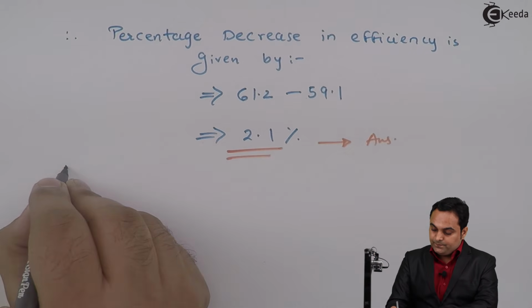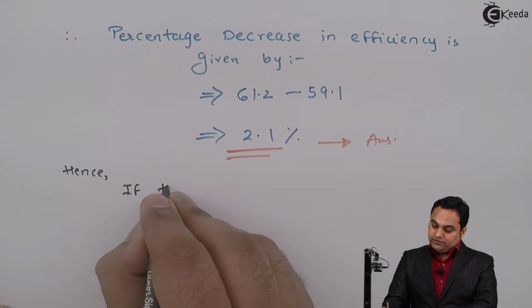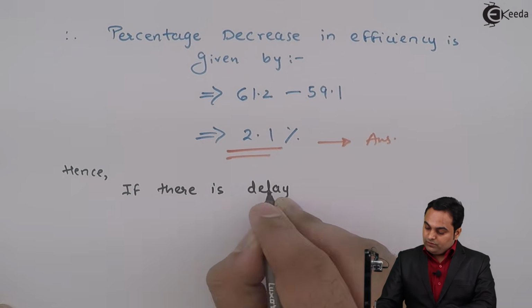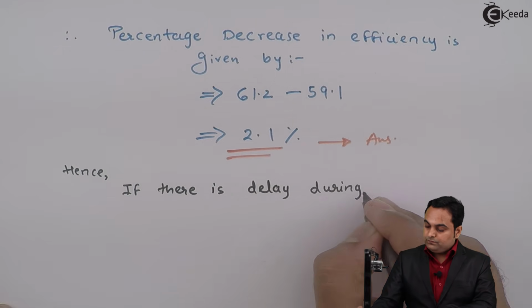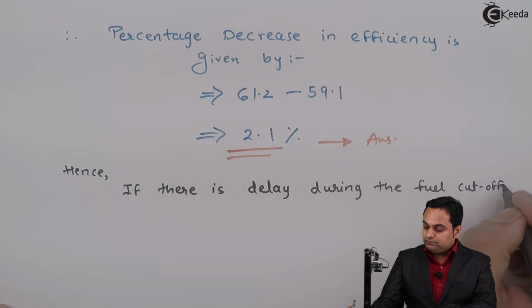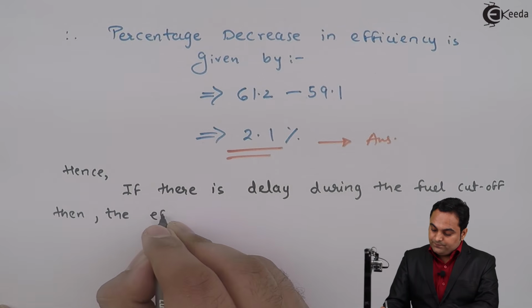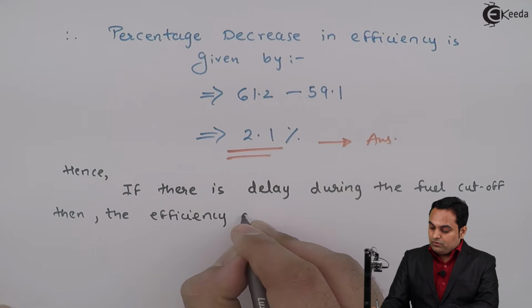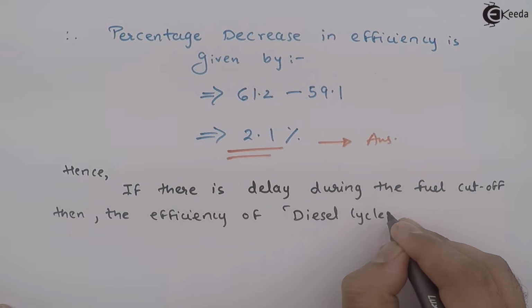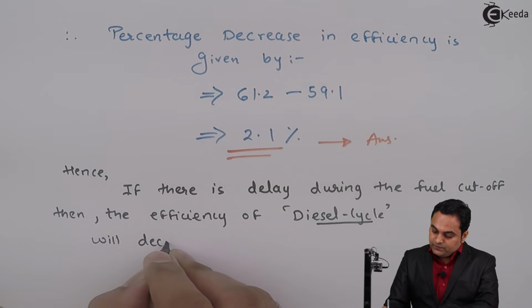So hence we can say that if there is delay during the fuel cutoff, then the efficiency of diesel cycle will decrease.